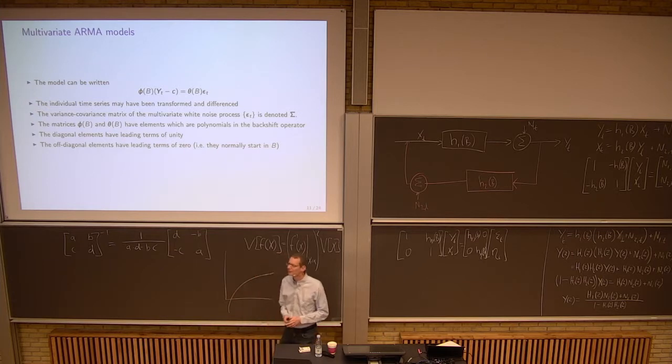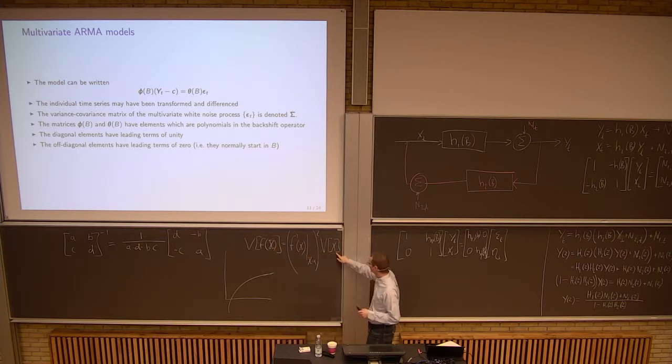Yes? Which x's are capital? I think I would do it like this, but this is how it is. In practice, you take the variance here and you evaluate it.